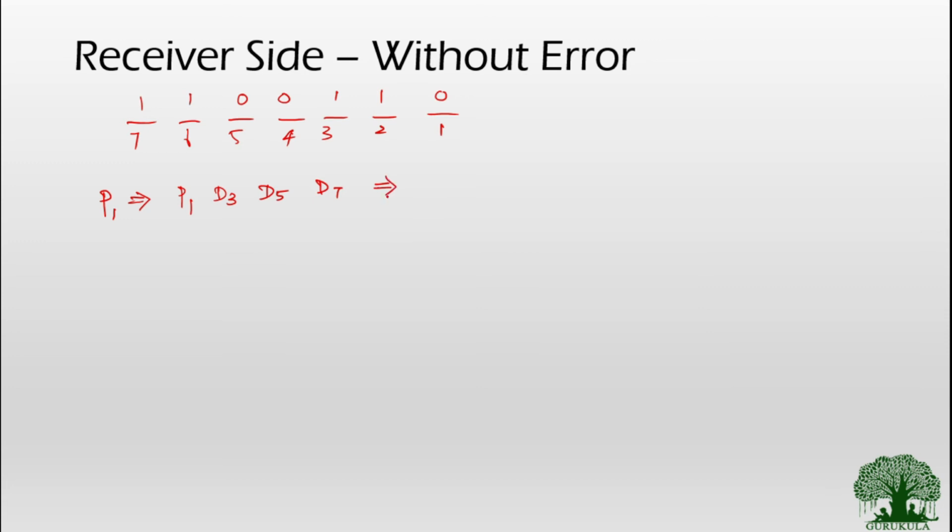Now replacing the values of P1, D3, D5 and D7, I get 0, 1, 0, 1, correct? Now again assign an even parity value for this. I have 2 ones, so the new P1 value is also going to be 0, correct? Now similarly calculate P2.